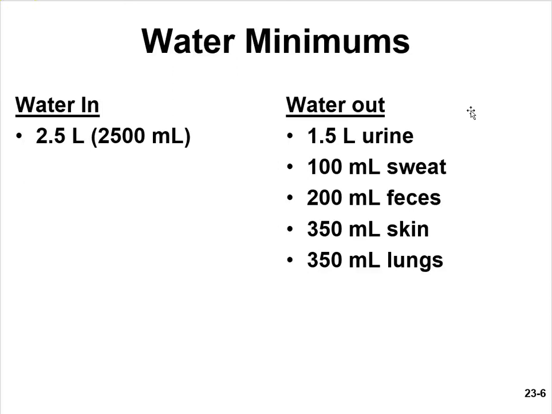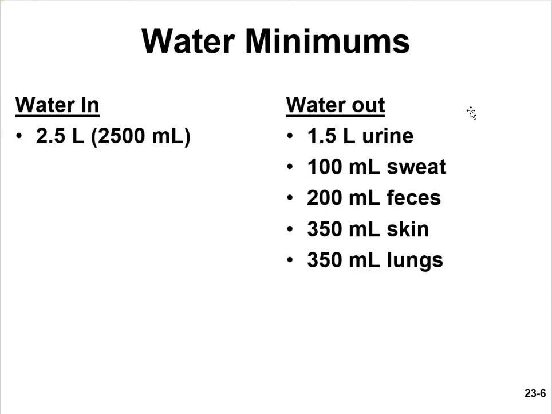100 milliliters is lost usually in a day in sweat. Again, that's not exercising or anything like that. 200 milliliters is in the feces. 350 milliliters through the skin. The skin isn't a complete barrier. There are pores and things do go through the skin, including water.